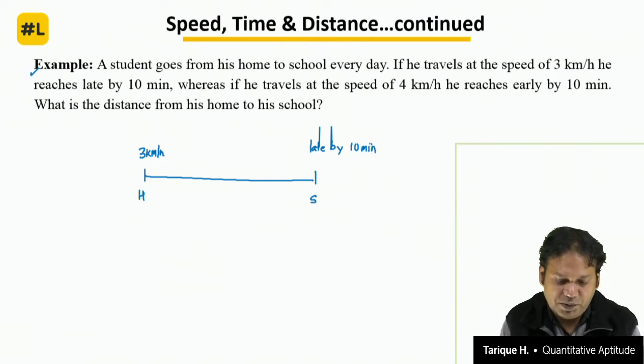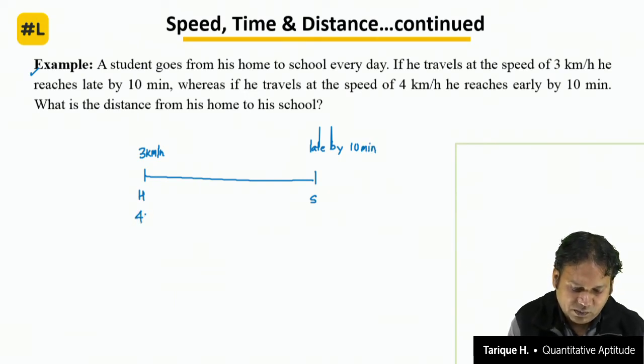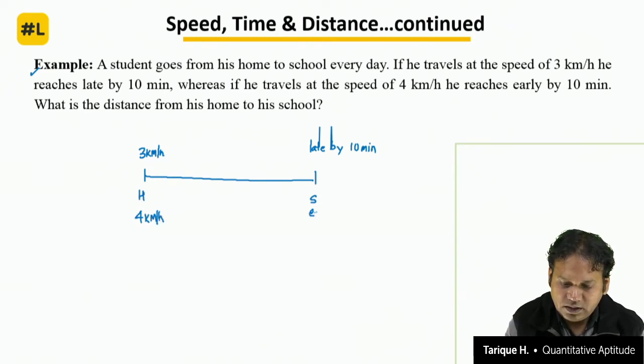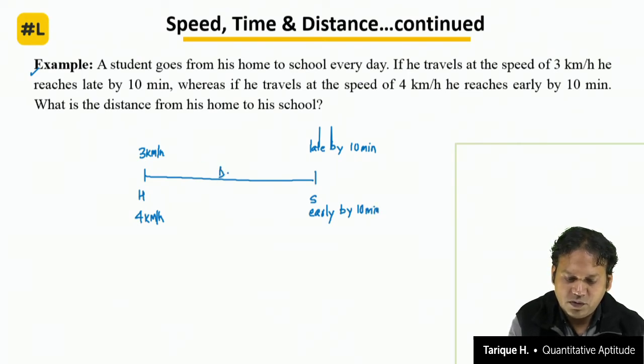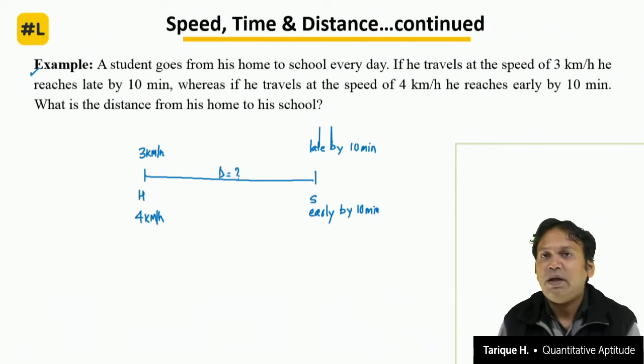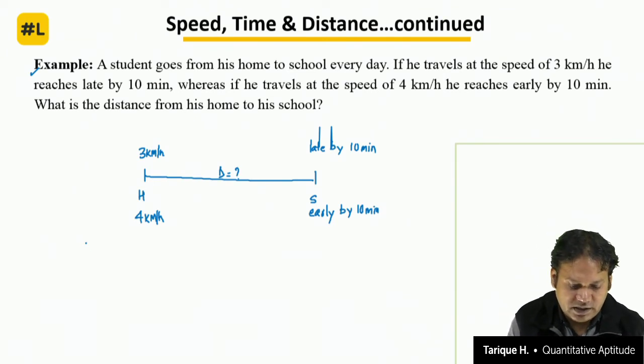And if he travels at a speed of 4 kilometers per hour, he is early by 10 minutes. What is the distance from his home to school? In this case, if you look at the ratio method, you will understand that distance is constant.